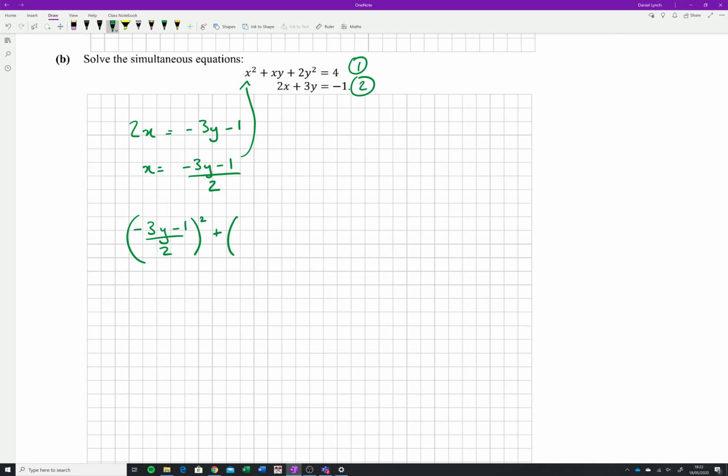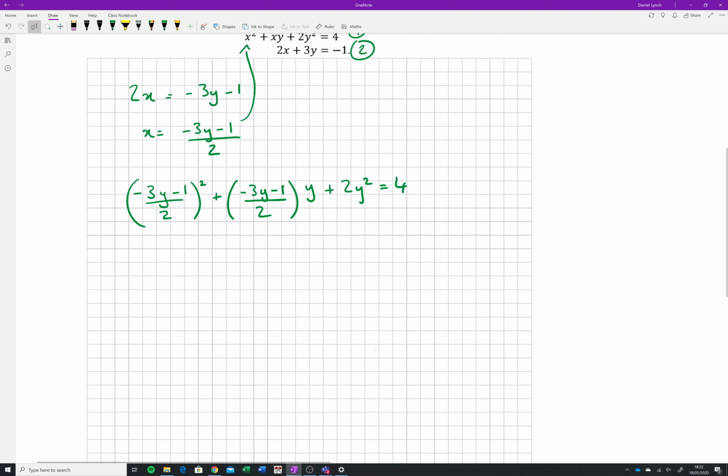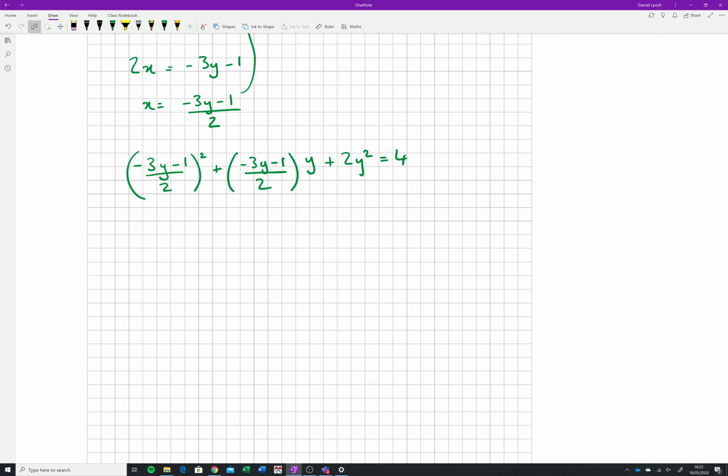Plus, instead of x, we say minus 3y minus 1 over 2 times y, plus 2y squared is equal to 4. Here we have an equation, albeit ugly, that has only y's and numbers in it. Therefore, we can solve it. Okay, squared means multiplied by itself.